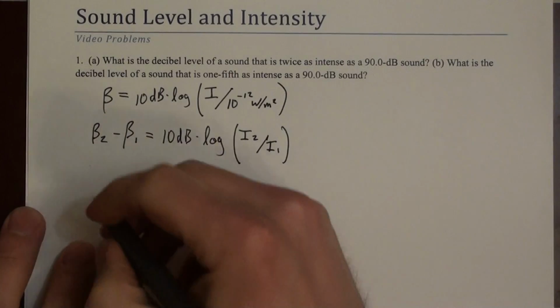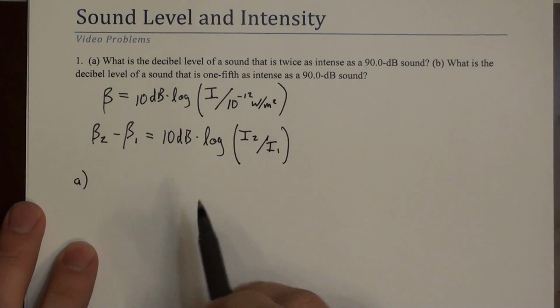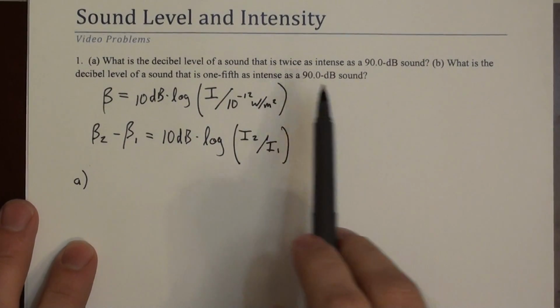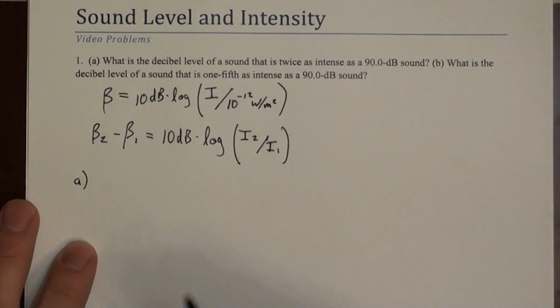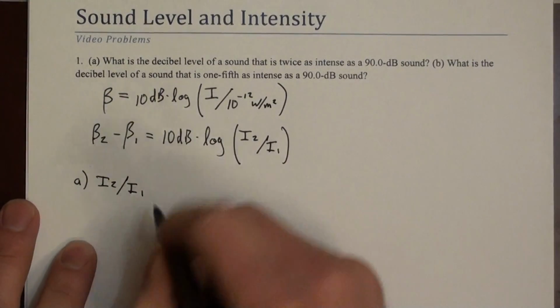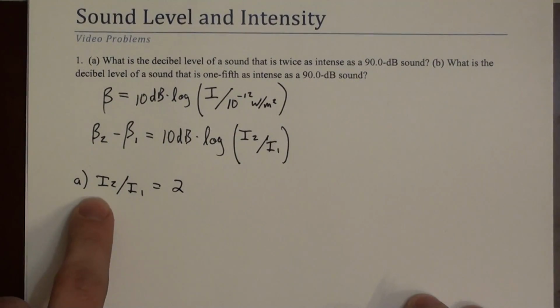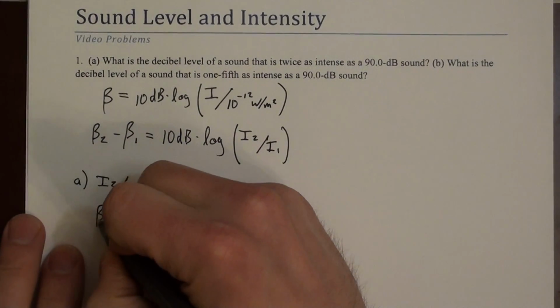So for letter A here, we're asked, how does the sound level change when the sound is twice as intense? So we're saying the ratio I2 to I1 is 2. I2 is twice I1, so this ratio is 2. So I can just plug this in.